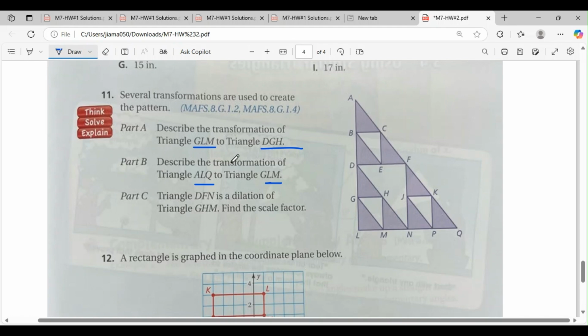Okay, triangle DFN is a dilation of triangle GHM. Find the scale factor. DFN right here.